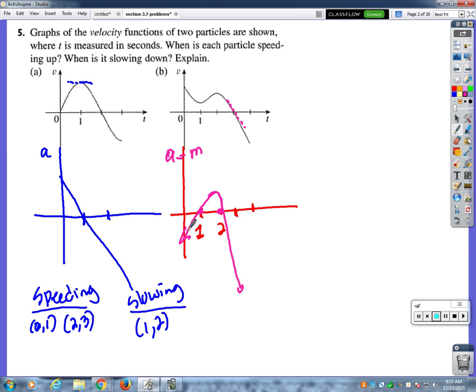That's what I'm trying to represent with this. Then it is slightly positive, so baby positive, and then bigger and bigger positive. Once I pass that little point of inflection, it is still positive but less, until it reaches right here where it's 0 again.